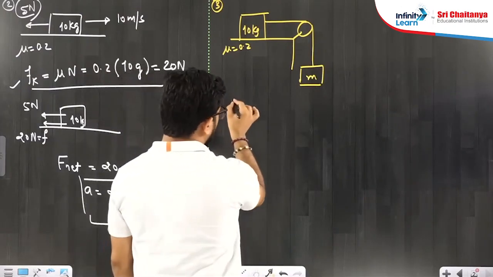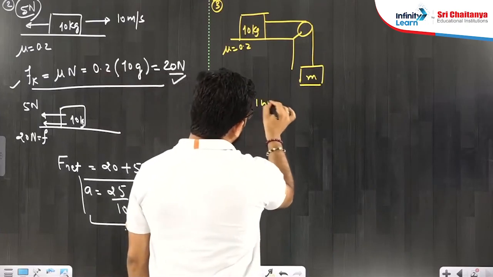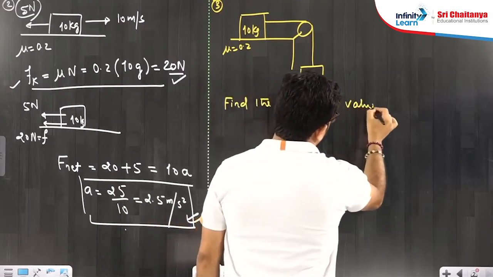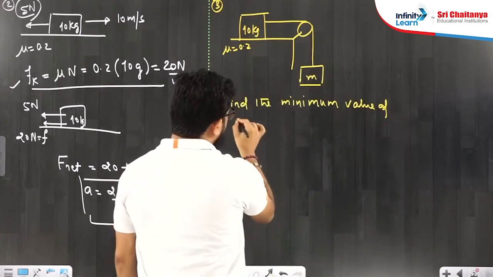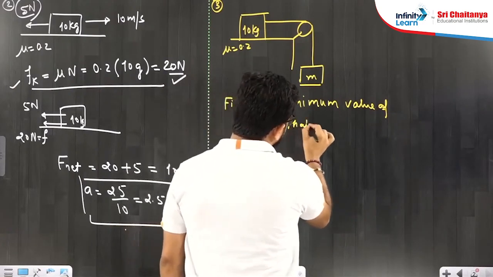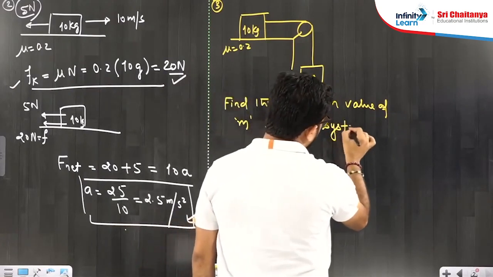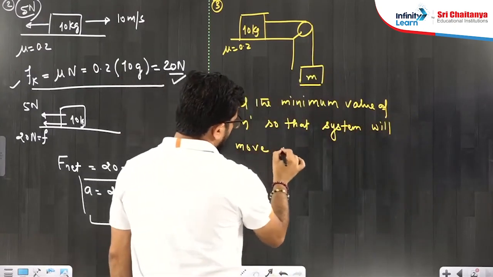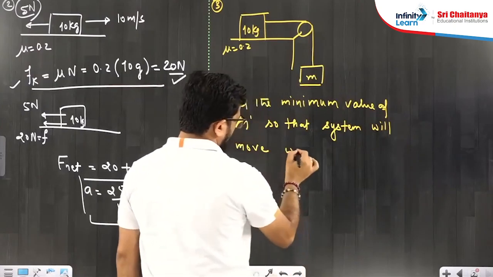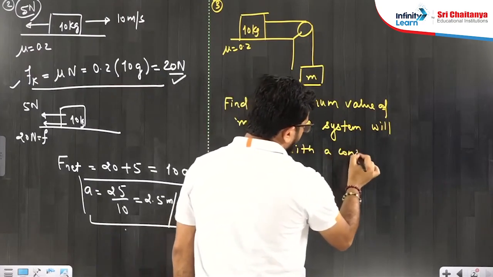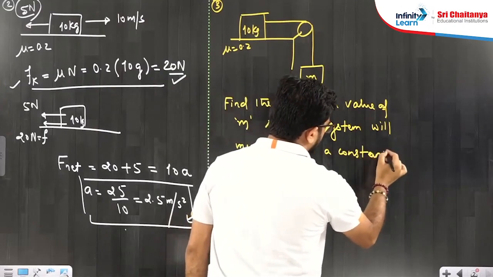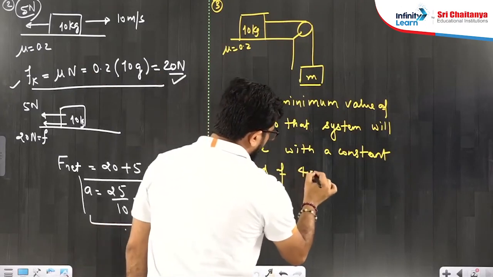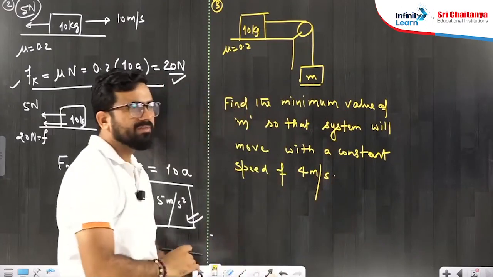Find the minimum value of m so that the system will move with a constant velocity, or constant speed, of 4 meter per second.